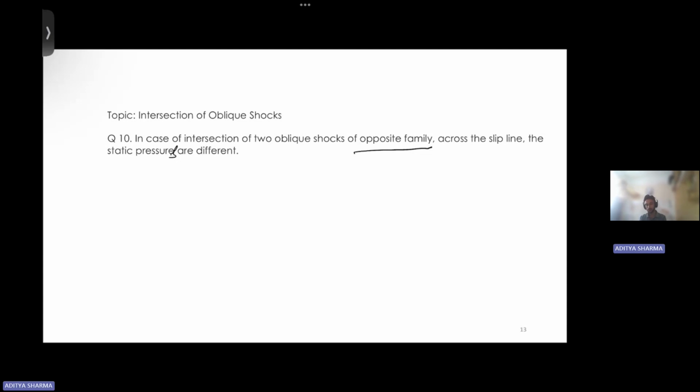When we talk about this intersection of oblique shocks, the static pressures are the same, right? So the answer to this question is false. B is the correct option.